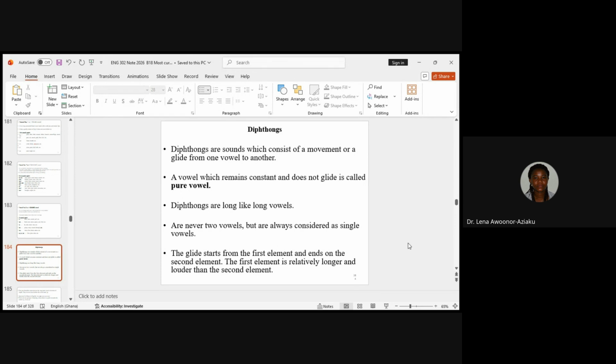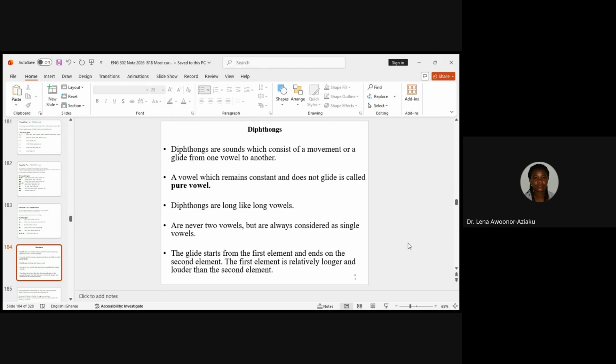So understand that diphthongs are vowels in English, and they are a combination of two pure vowels seen as one. So if you see a diphthong, it is not two vowels, it's one vowel.